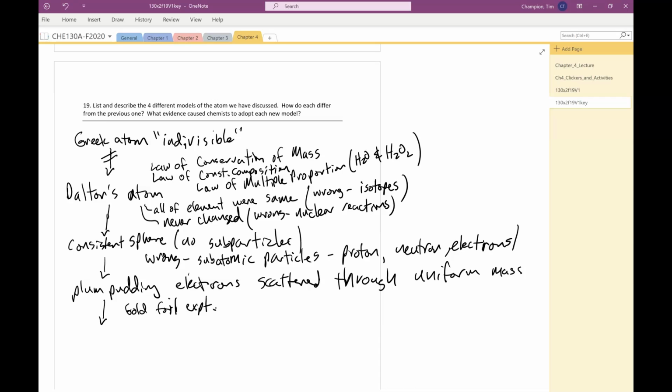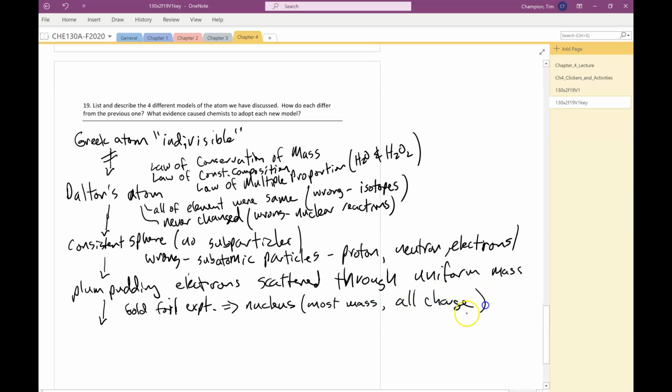Some of them were deflected, and some were deflected straight back, which gave the idea of the nucleus, where most of the mass and all of the charge is. So we have essentially a mostly empty atom that's composed of a nucleus plus electrons that we don't really know anything about at that point.